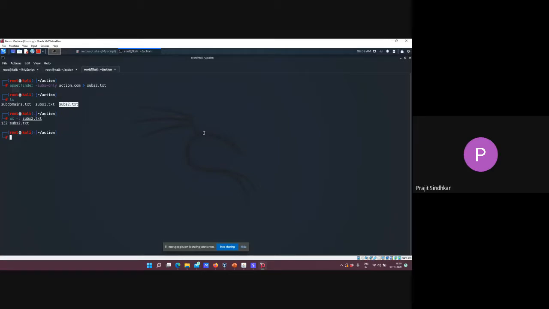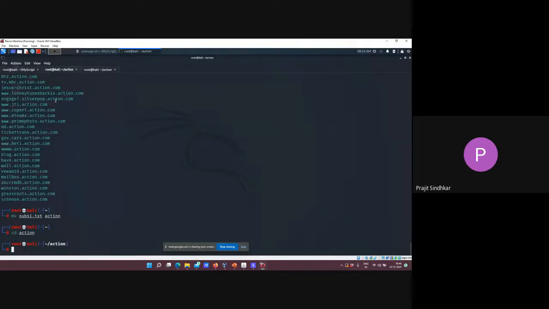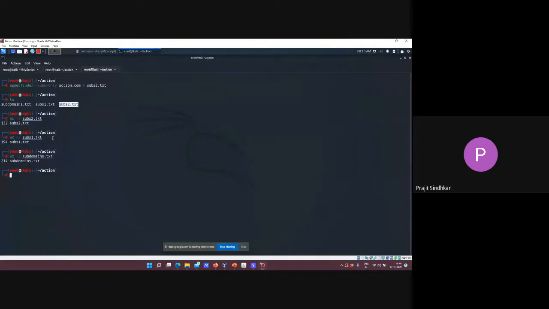Okay, so 132 from assetfinder, 194 from amass, and 214 from subfinder. If I combine all of this, I have more, but let's keep it till here for subdomain enumeration, so we can discuss the further part.